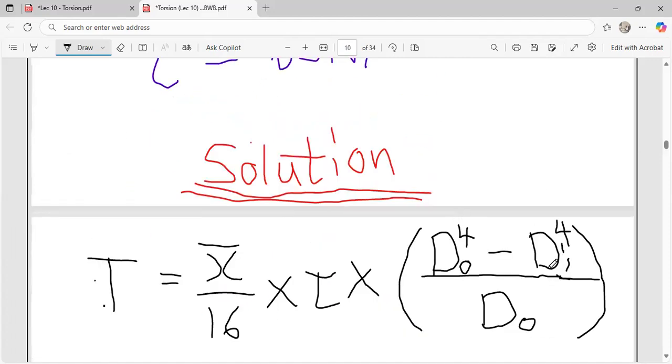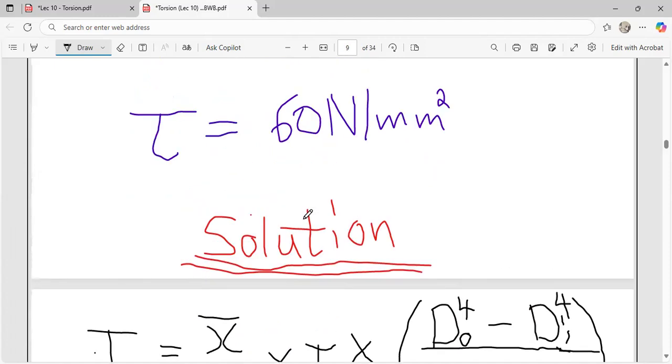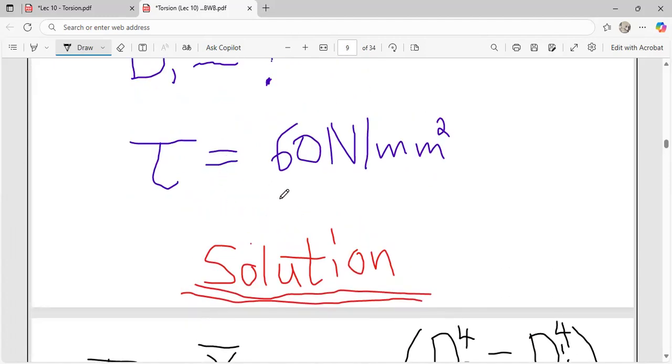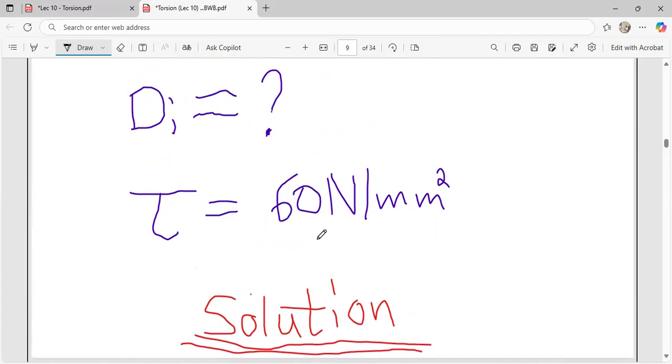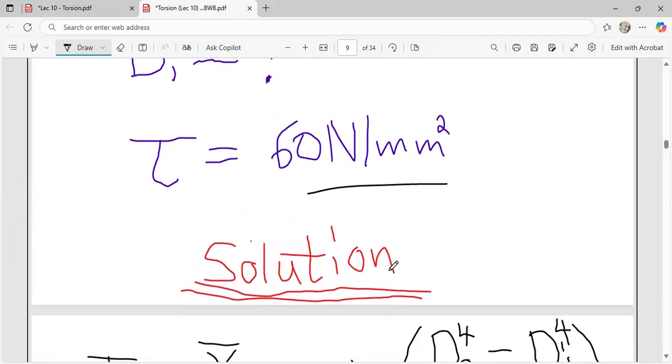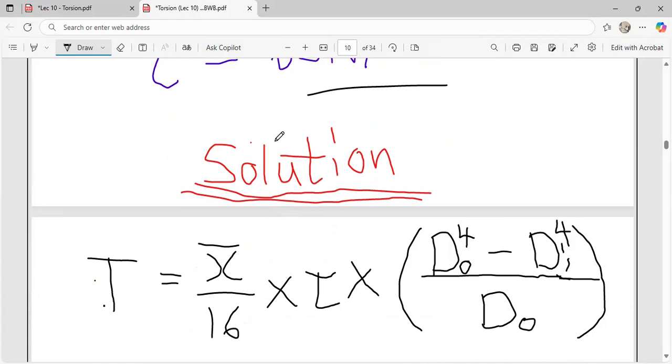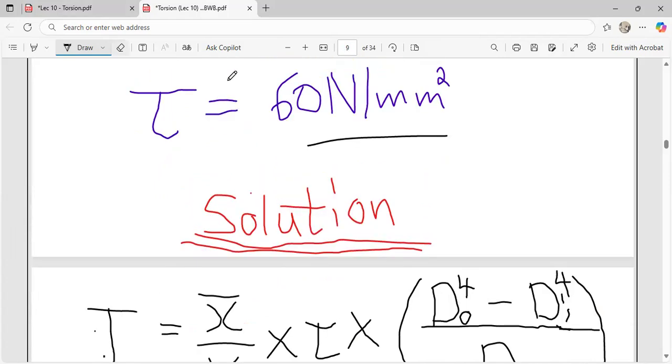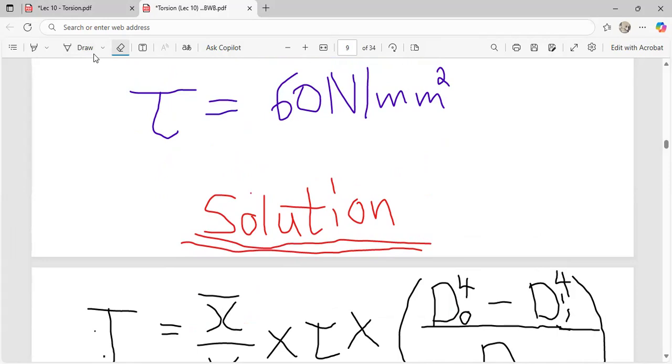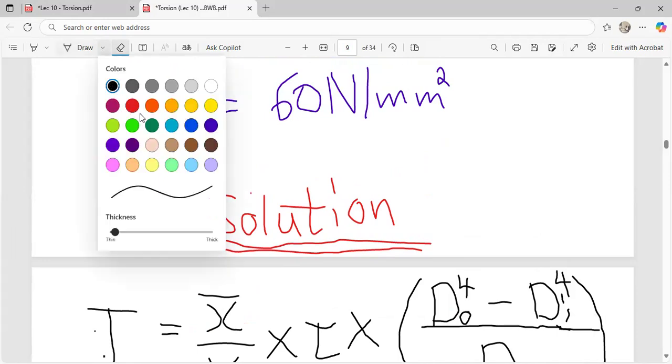So we have to make DI the subject of this relation to be able to find it. But before that, let's see if we know our shear stress. From the given, we realize that the shear stress is known. But the torque is not known. So it means that we have to find the torque before we can even proceed with our calculation.